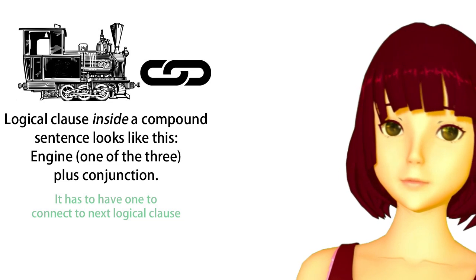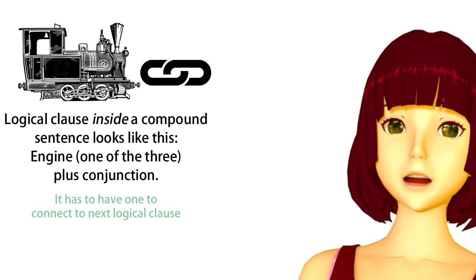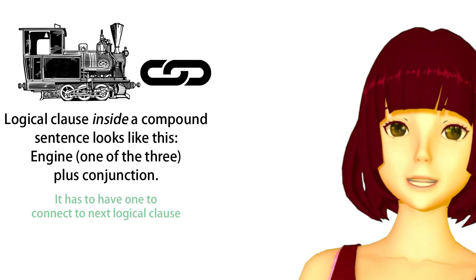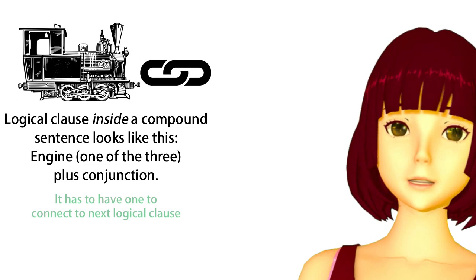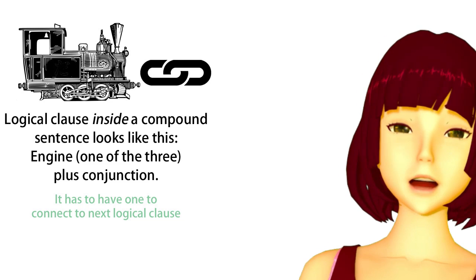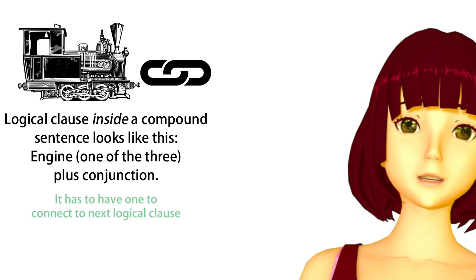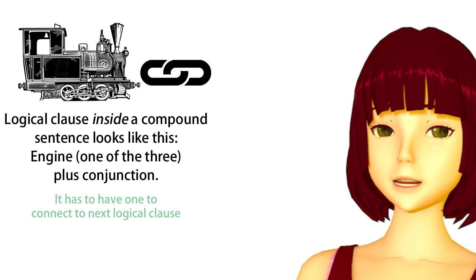So now what we're going to do is look at the sort of complex sentence that can confuse people, and we're going to look at how we tackle that sentence.